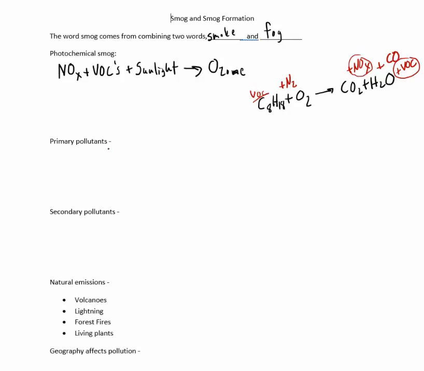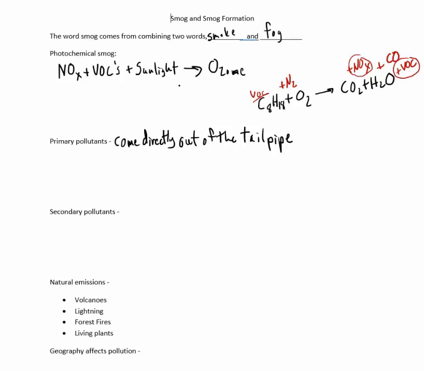All right, so primary pollutants. This is very similar to what we've already talked about as far as point source and non-point source goes. So primary pollutants come directly out of the tailpipe. So this is pollutants or chemicals that are formed in your engine, and then they come directly out of the tailpipe.